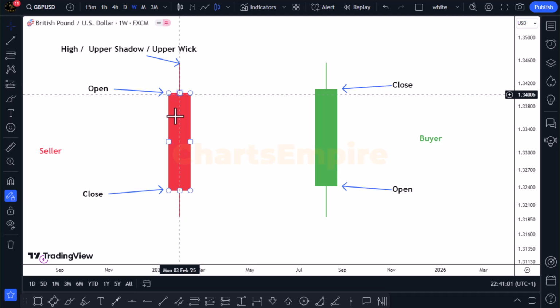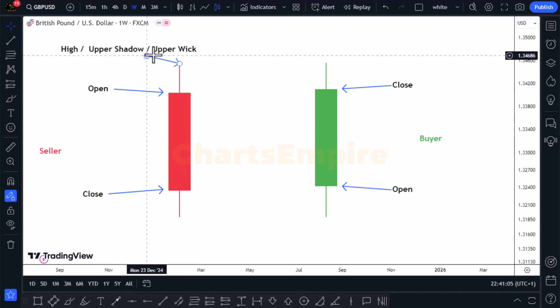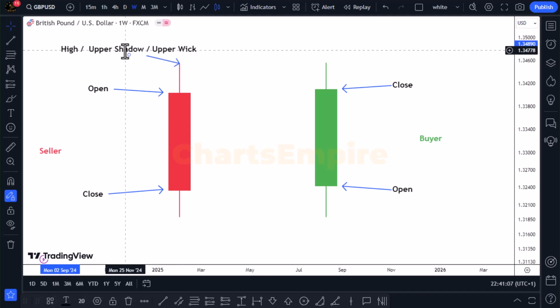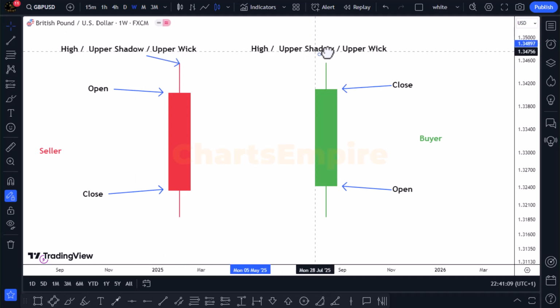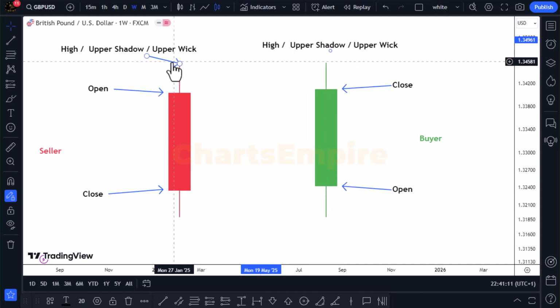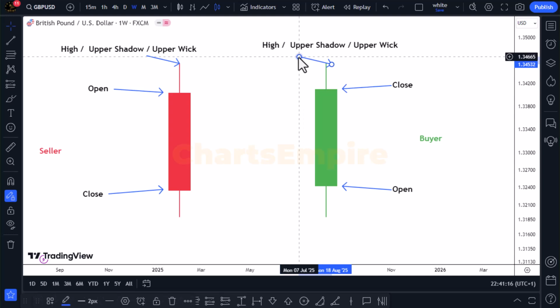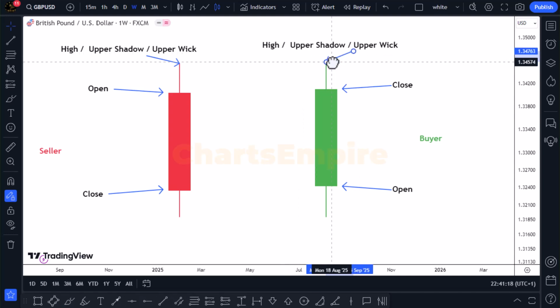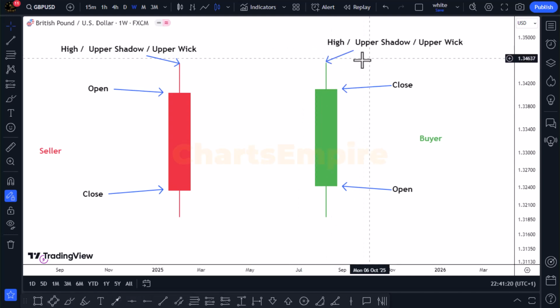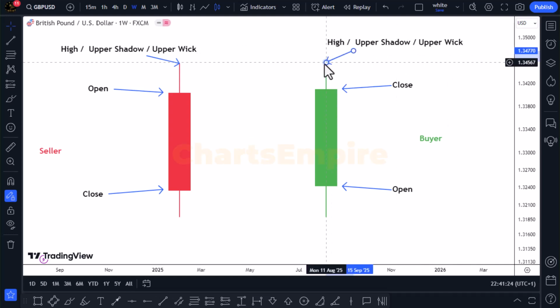So this is the highest point on this candlestick: the high, upper shadow or upper wick. On the bullish candlestick as well, this is the highest point reached. Let's shift it to the other side. So we have the upper shadow, the upper wick, or the high of this bullish candlestick.